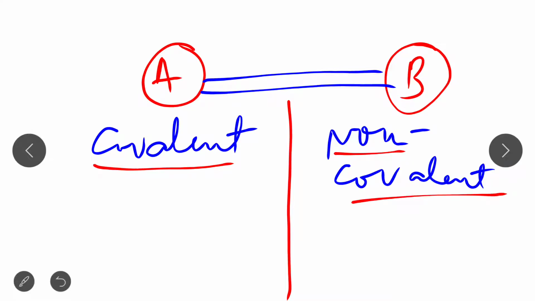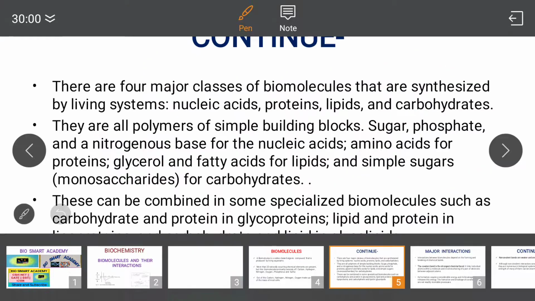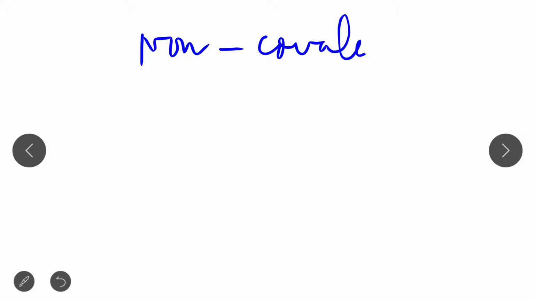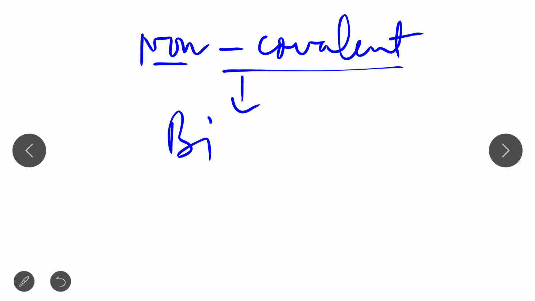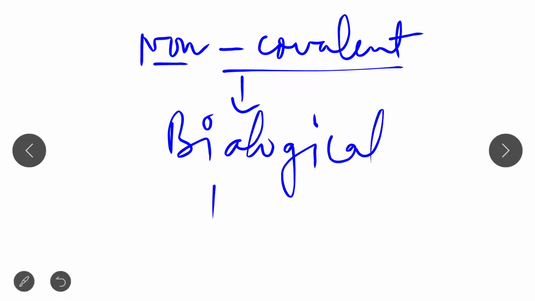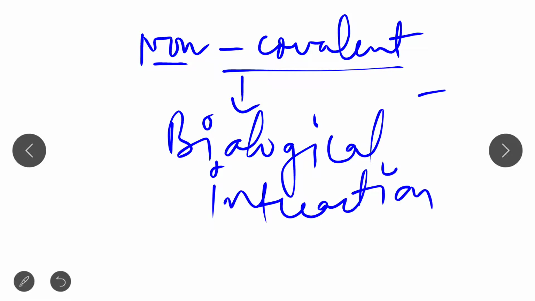Non-covalent is the major type of interaction that is present in our biological system, and we have to study this non-covalent interaction in detail, one by one. We will see all of these non-covalent interactions in today's lecture.